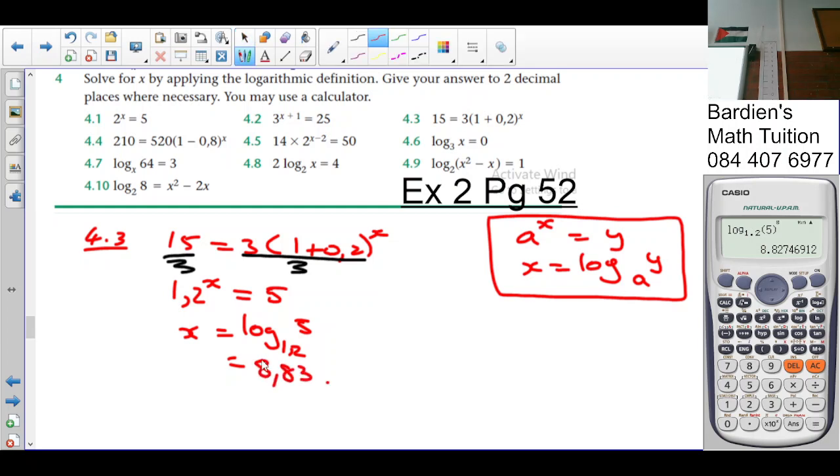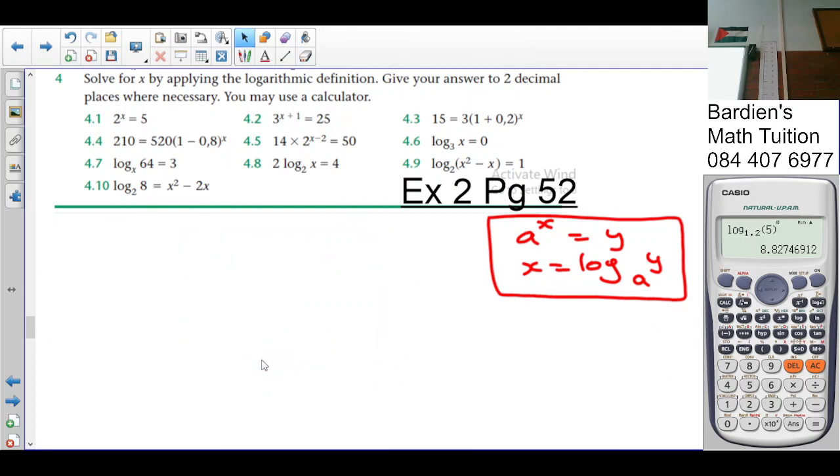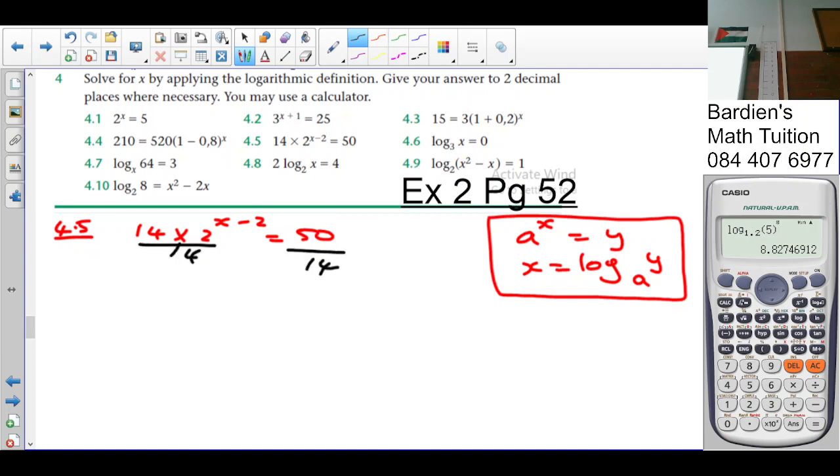Okay. Any problems with 4.4? 4.5? In question 4.5 we got 14 times 2 to the x minus 2 is equal to 15. Is that in the form that it's needed in? No. So what do I do first? Could I multiply the 14 and that base of 2? No, because of that variable exponent. So divide by 14 first, on both sides.